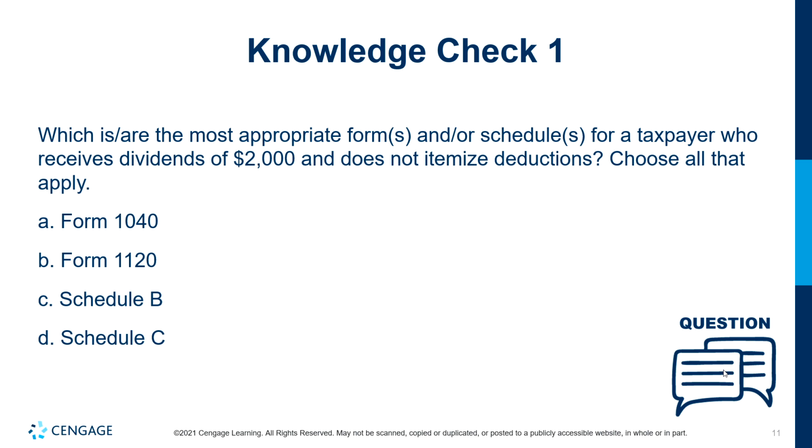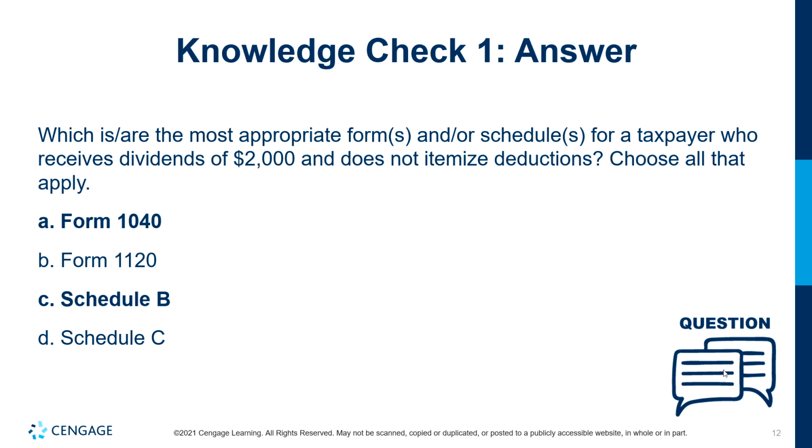Choose all that would apply. Would it be A, Form 1040, B, Form 1120, C, Schedule B, or D, Schedule C? So again, pause the video, see if you can answer it. If you can, yay!